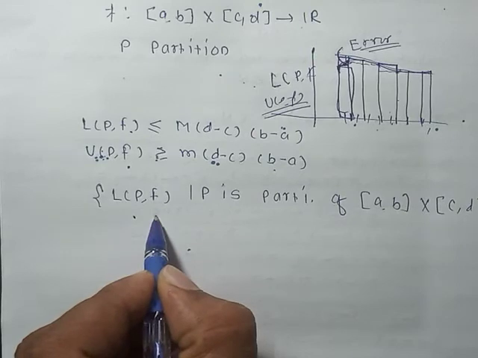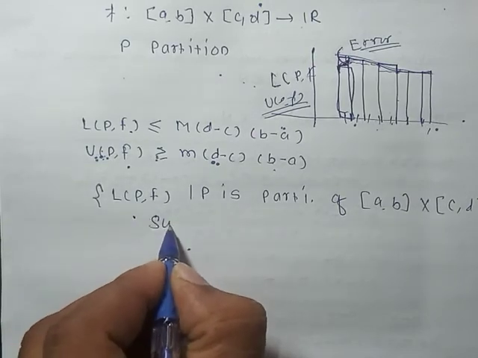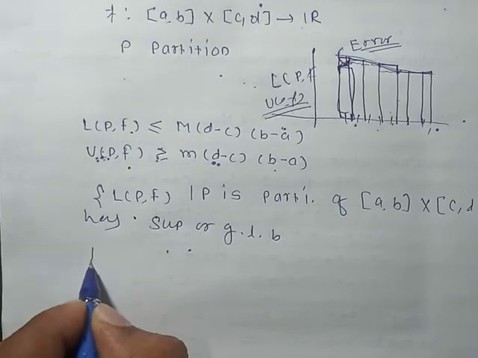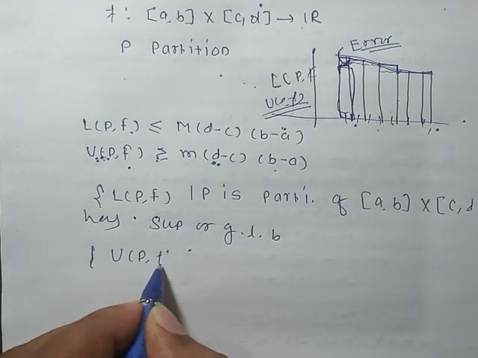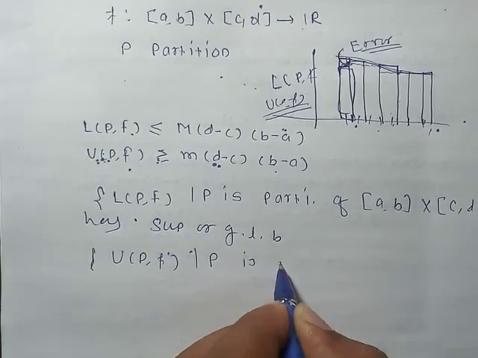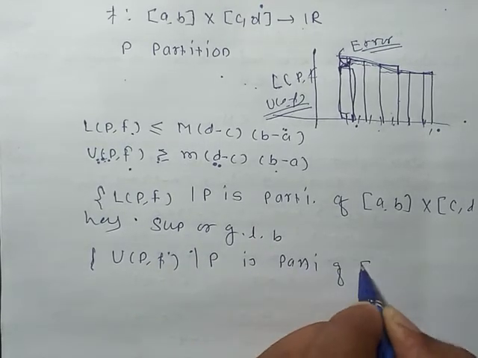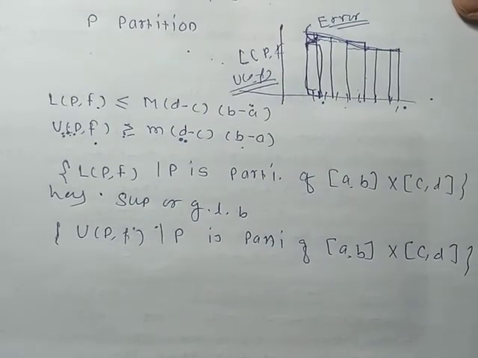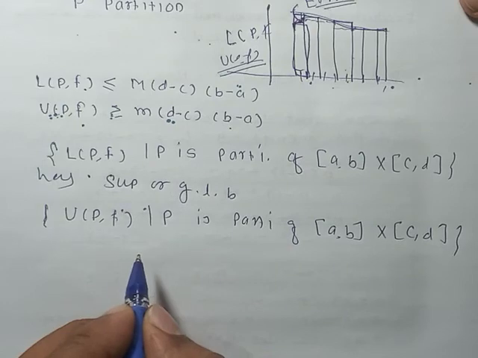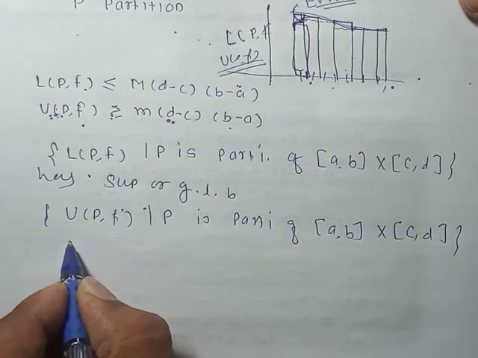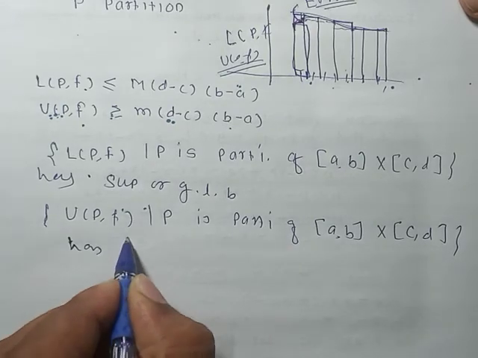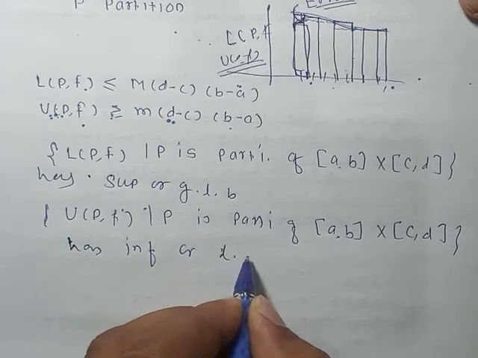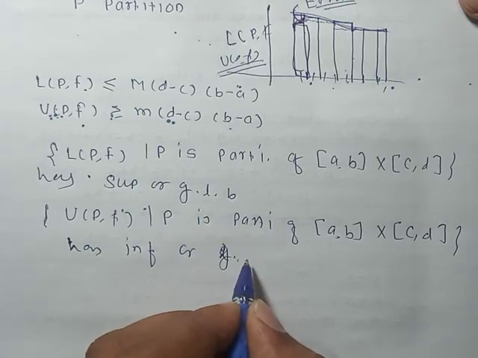Similarly, it is a bounded set and has a supremum, or least upper bound. Similarly, we have the set of UPF where P is a partition of the closed interval [a, b] cross closed interval [c, d]. This is also bounded below, so it has an infimum, or greatest lower bound.